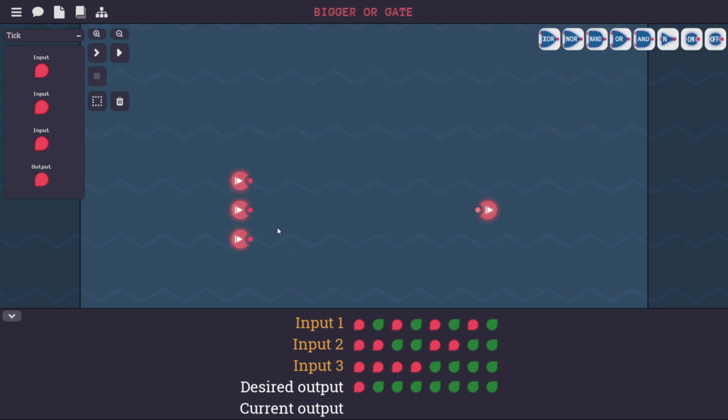Okay, and as we know, an OR gate usually takes 2 inputs like this, and outputs it. But now we still have a third input, right? So we also need to ensure that it works with this.